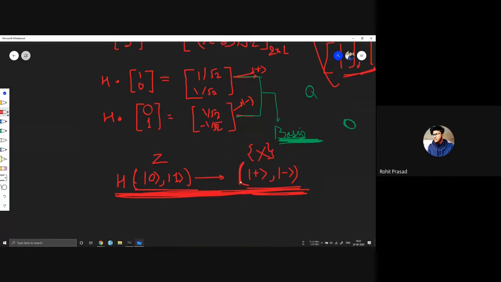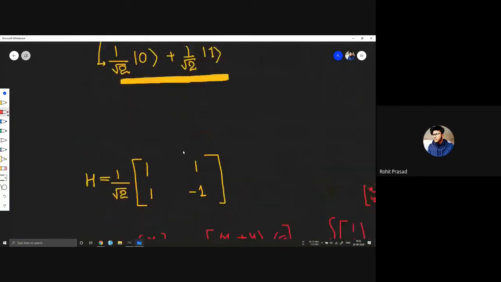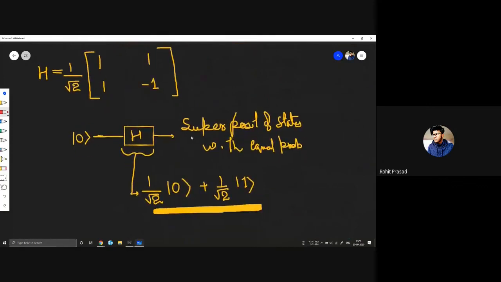Okay, so the next section. So this is measurement in Z basis as 0 and 1, and this is measurement in X basis. So if someone says that they want to measure a state in X basis, what does it mean? That they will apply an H gate at the end and then take the measurement. So because of these two things, the transformation of basis and making the superposition of states with equal probability, this Hadamard is one of the most widely used gates.